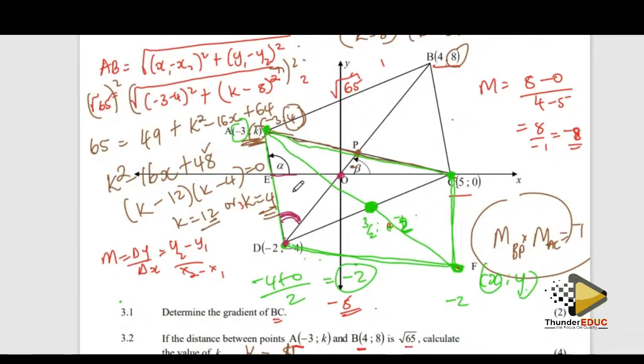So for us to get this angle, we need to first of all get the angle alpha, and then we also need to get the angle beta.